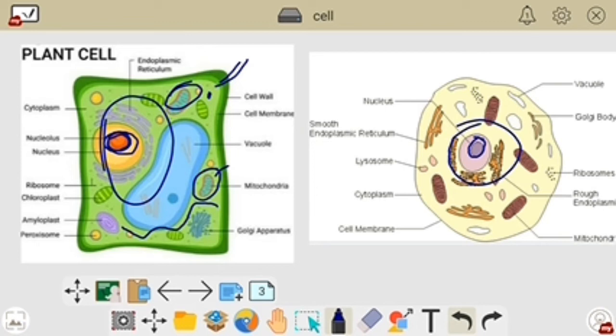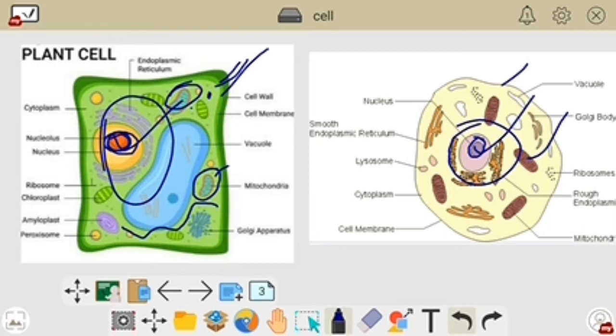Okay, let's see the comparison between plant cell and animal cell. You know both cells have cell membrane. Both cells have mitochondria and both cells have nucleus, and both cells have nucleus membrane also.